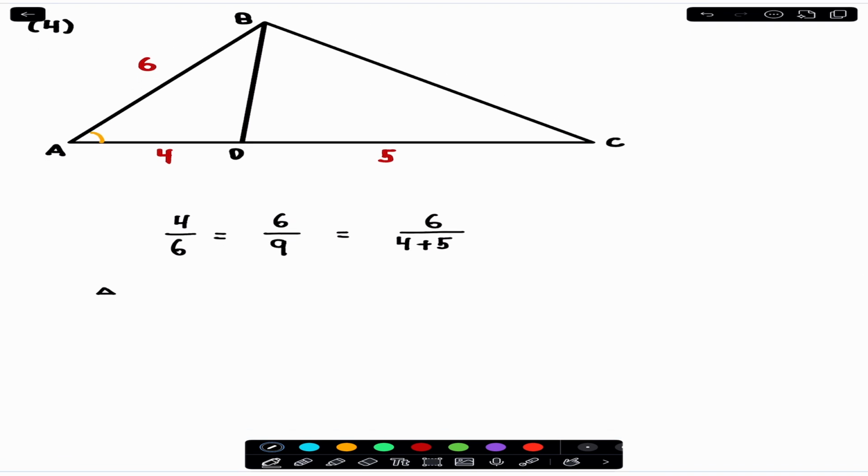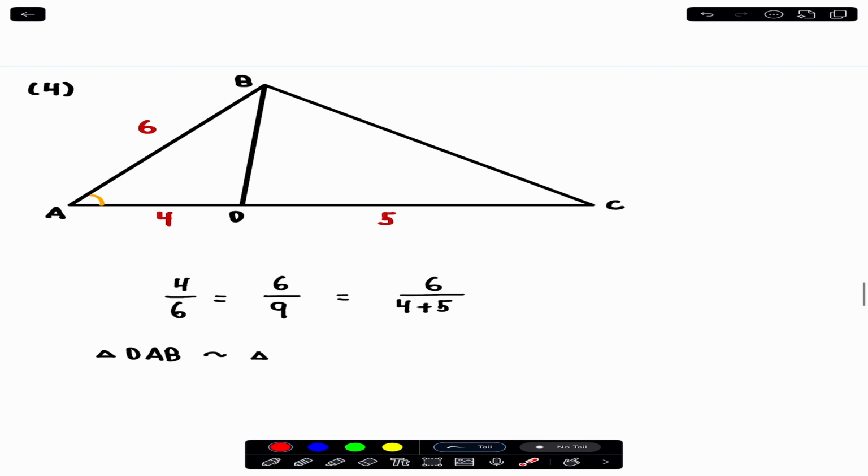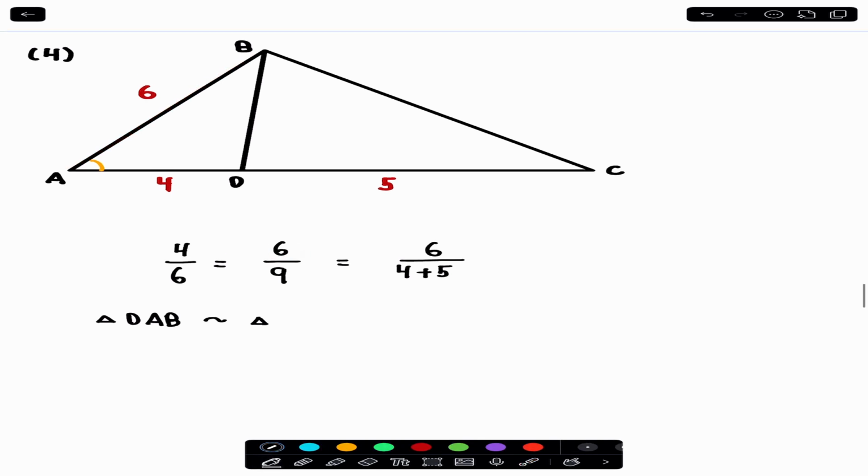So this one can be in any order, but I'm trying to go, let's go DAB. So DAB, so DA is the 4, and AB is the 6, which means the 6 has to go on top.